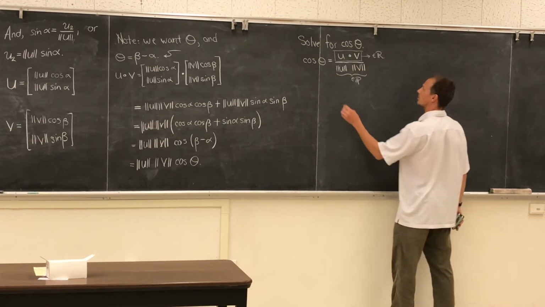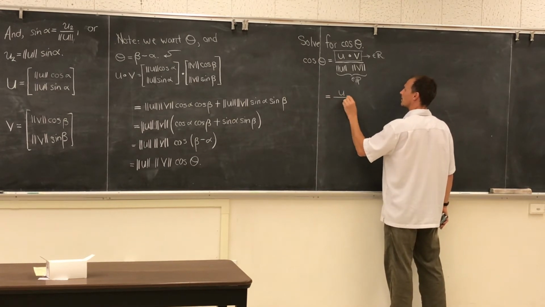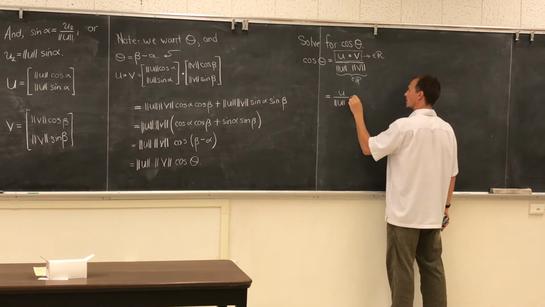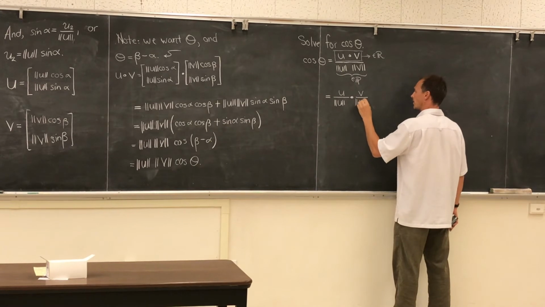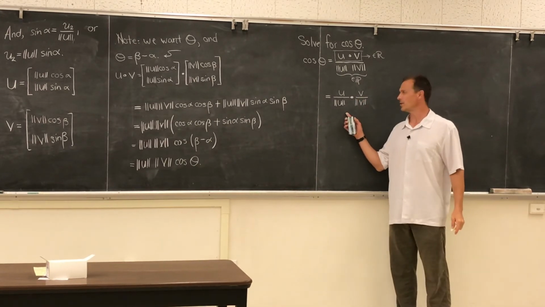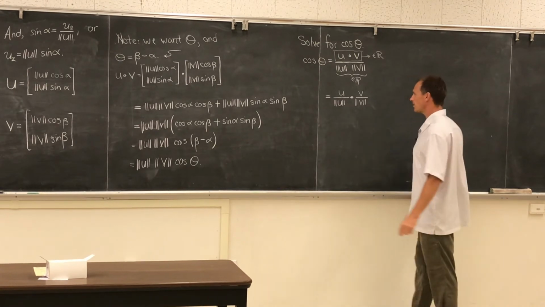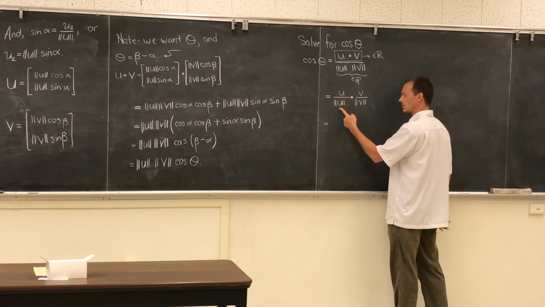But let's take this one step further. Let's take u divided by the length of u. And we're going to dot that with v divided by the length of v. Now at this point you may wonder, well, can you do that? And the answer is yes. You can, if you remember that the length of u is a scalar.